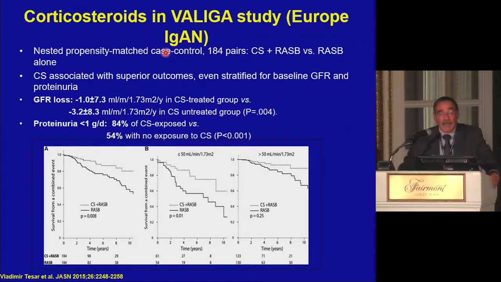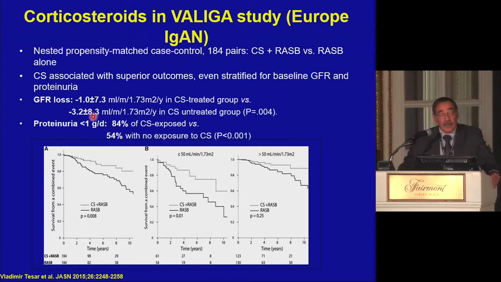They looked at a nested propensity-matched case control study, 184 pairs, half got steroids plus blockers of the renin-angiotensin system. The others got just the blockers. So these are matched pairs here. Steroids were associated with a superior outcome, even if you stratified for GFR and proteinuria. The GFR loss was less in the steroid-treated than in the steroid-untreated.